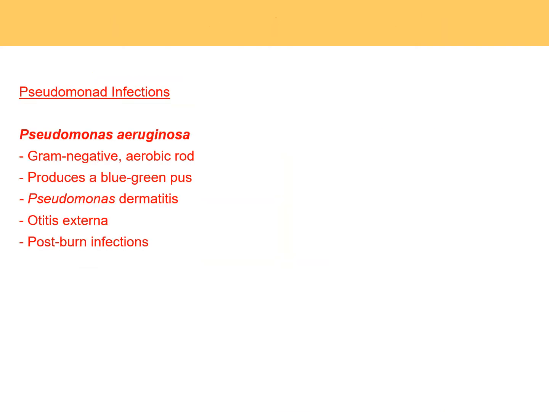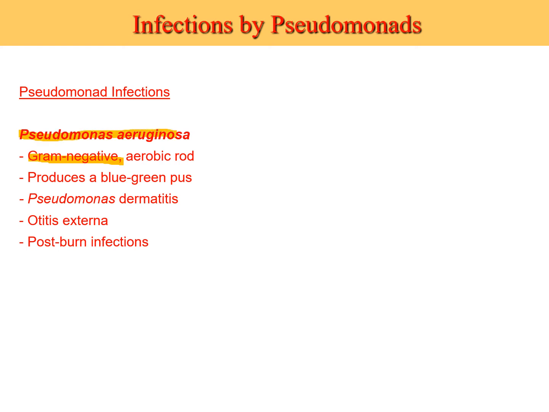Okay, let's move on to another, in this case, gram-negative organism, which is Pseudomonas aeruginosa. These cause what are called pseudomonad infections. Pseudomonas aeruginosa is everywhere around us. It's in our external environment, and you can pick it up very easily.